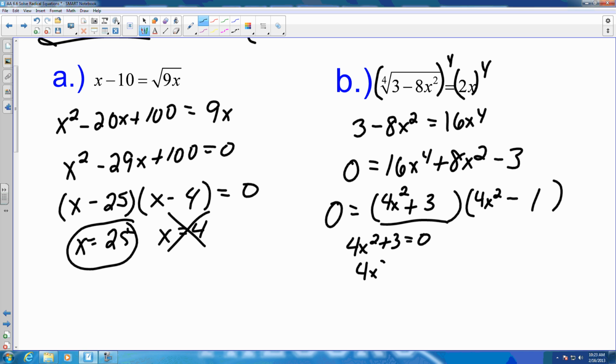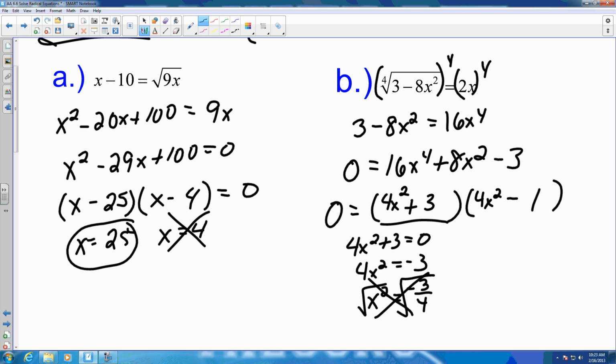I go 4x squared equals negative 3. Dividing both sides by 4, now I got x squared equaling negative 3/4. So if I try to take the square root of this, I am square rooting a negative number, which means I'm going to get an imaginary number, so this solution cannot happen.